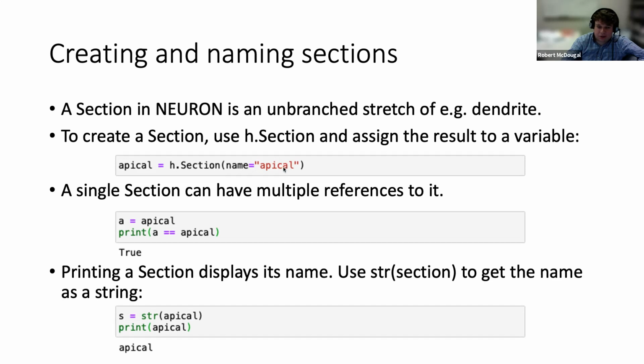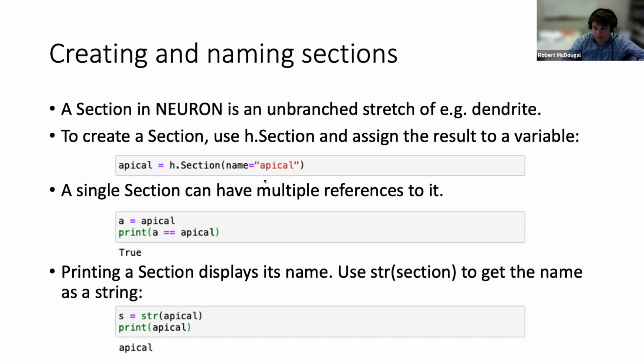It's going to show up in all of our graphical tools using the name apical. But I also need to hold on to this. I need to be able to access it and manipulate it. So I'm going to assign it to a variable as well: apical equals h.Section with the name apical.